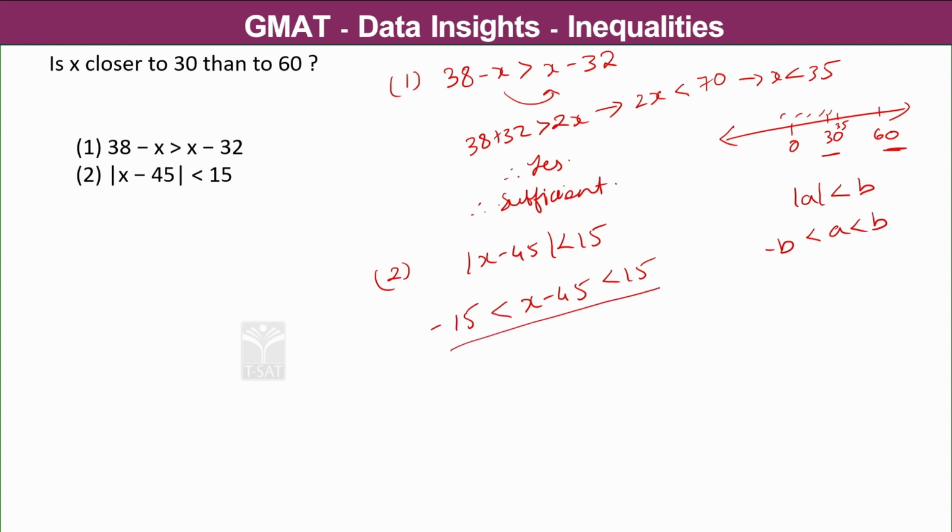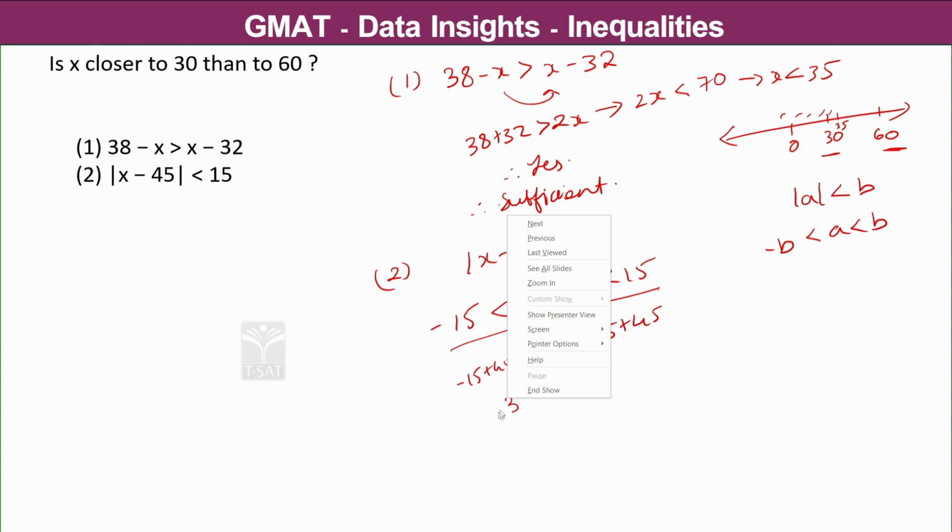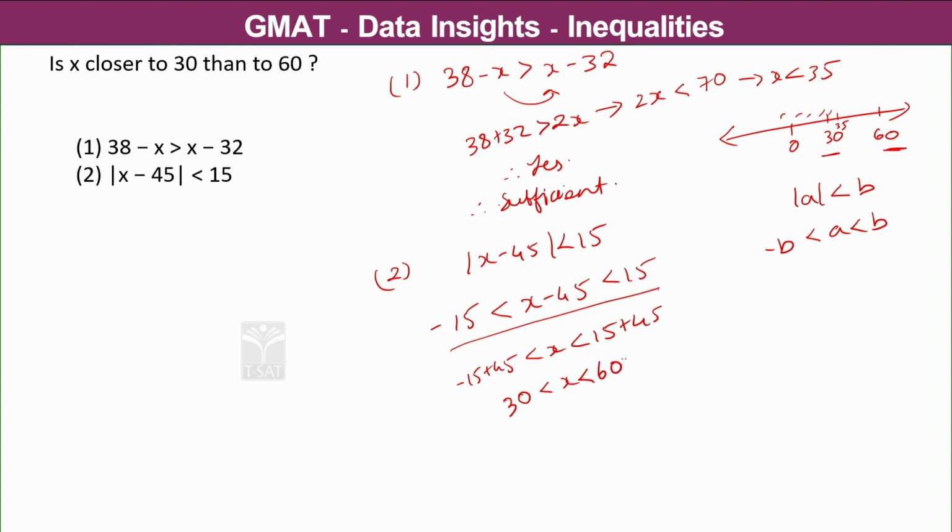Adding 45 throughout this inequality, you have minus 15 plus 45 is less than x less than 15 plus 45. X minus 45 plus 45 will leave you with x. So, here you have 30 is less than x is less than 60.